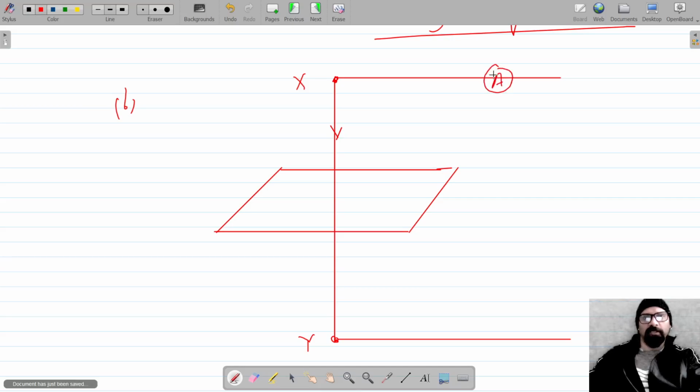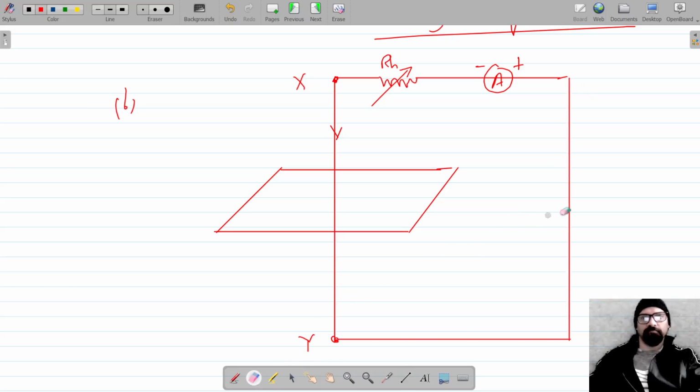Let this be a proper circuit, and let this be a variable resistance, which is a rheostat, to change the resistance and hence the current. Let this be connected to a battery. This is the negative and the positive. So this is the direction of the current, and the current is flowing in the downward direction.